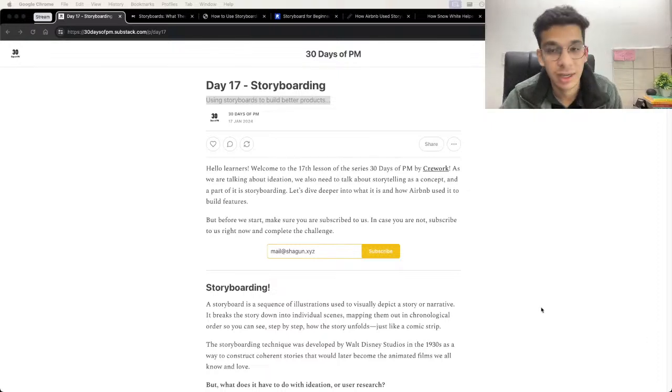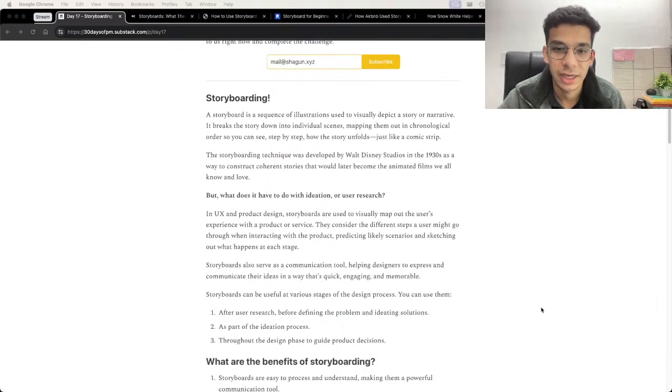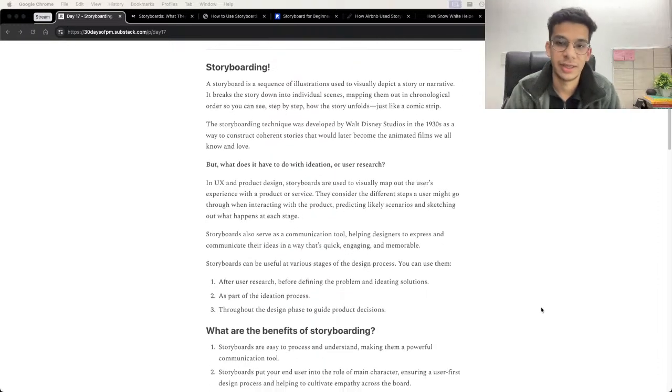A very relevant example about storyboarding in the product management space comes with a story from Airbnb and the founder and CEO, Brian Chesky, where he was looking at resources from Disney and a storybook that he discovered that Walt Disney had, which had a lot of storyboards about their latest animation.